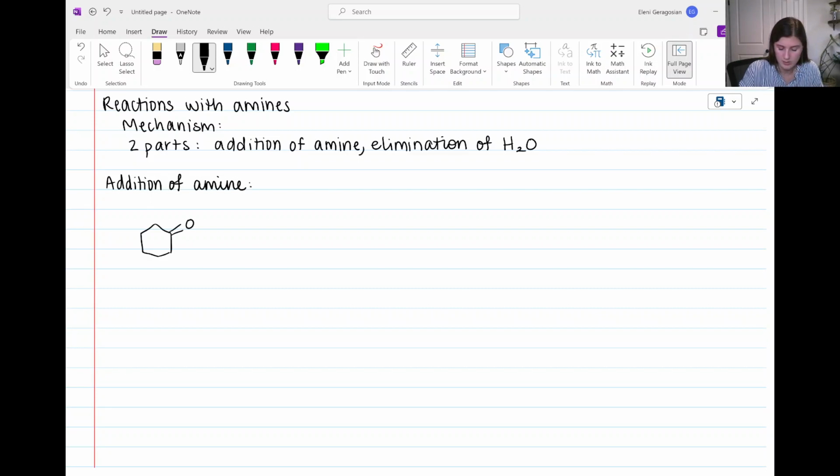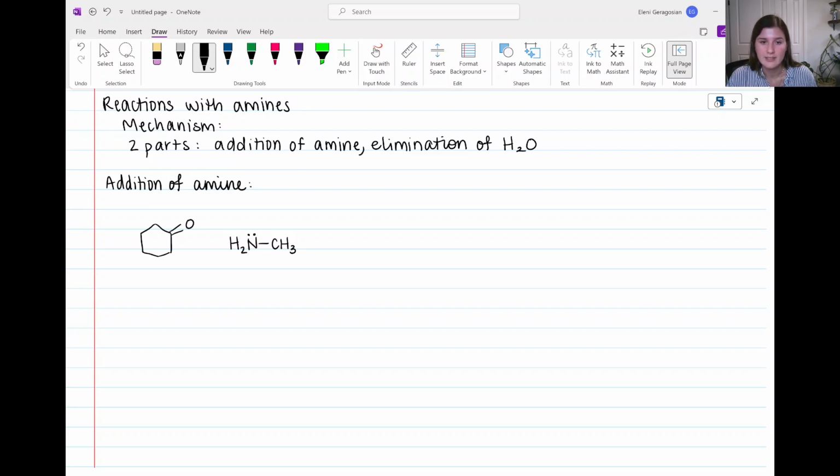But here we'll start with this ketone, and then we will add methylamine. So the R group in the primary amine is the methyl group. Now, nitrogens, when they are neutral, have a lone pair of electrons, and nitrogens are not very electronegative. They are electronegative, but not to the same degree as oxygen or halogens or some other atoms on our periodic table.